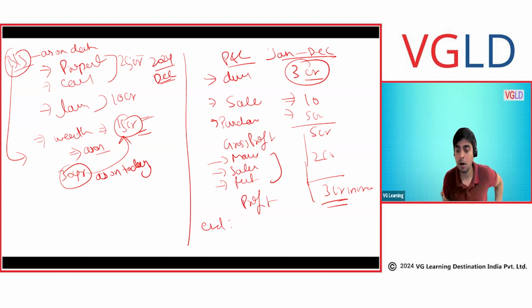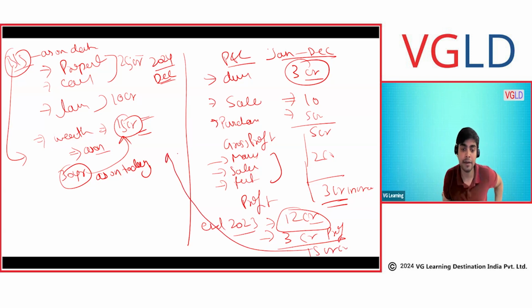At the end of 2023, my wealth was 12 crore, but I added 3 crore profit of the year. So my wealth became 15 crore, which is represented here.